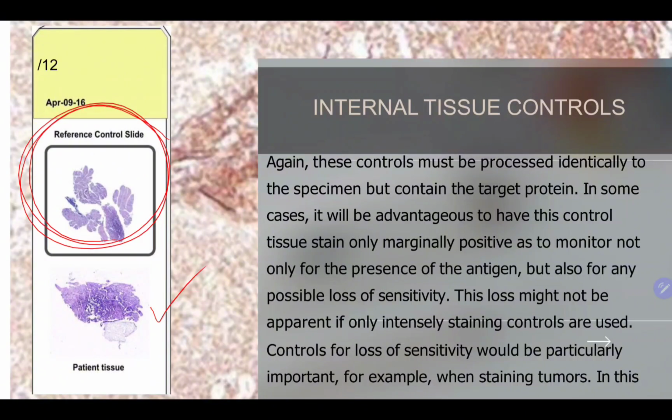So, ibig sabihin po guys, usually ito po yung ginagamit natin na control, hindi siya yung sobrang positive, yung sakto lang, para malaman natin that the reagents that we are still using are still sensitive pa po. Kasi kung sobrang positive sila, despite how weak the stain na magamit, mag-positive jud sila, dili na nato ma-test kung okay pa yung reagents natin.